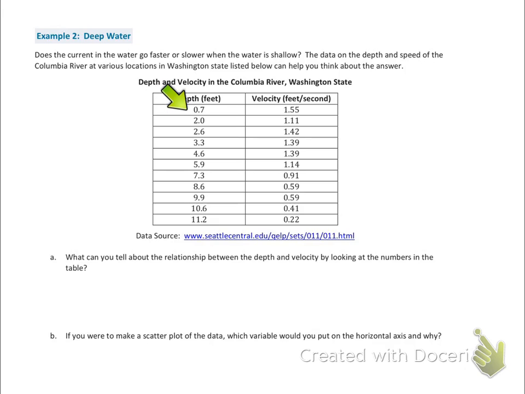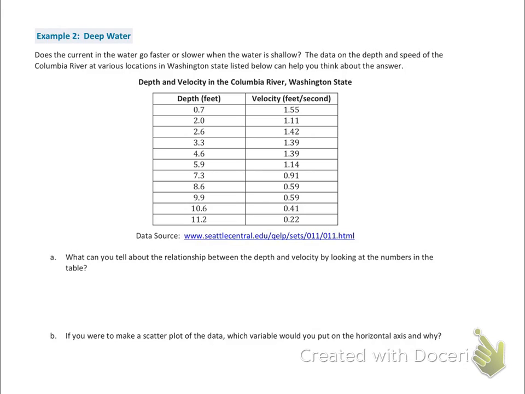I'm going to look here, and it looks like they've listed the data with increasing depth. So I can just come over here and look at velocity and see that the velocity starts at 1.55 feet per second. And in general, the numbers are getting smaller and smaller. So as the depth increases, the velocity is decreasing. So we could write something to that effect.